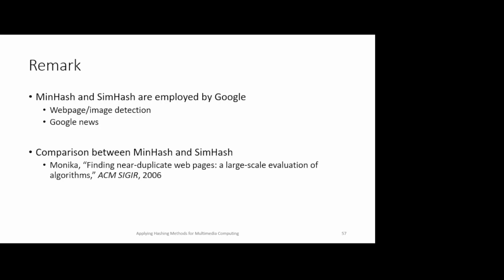Also in Google News, they can use it to find similar news and group them together. So these two methods were already employed by Google, and there is a paper comparing the two methods. Okay, if you are interested in these two simple methods, you can refer to this paper to see a comparison.